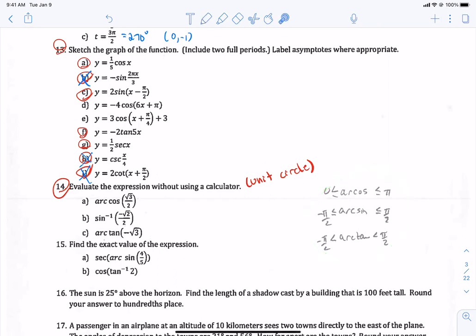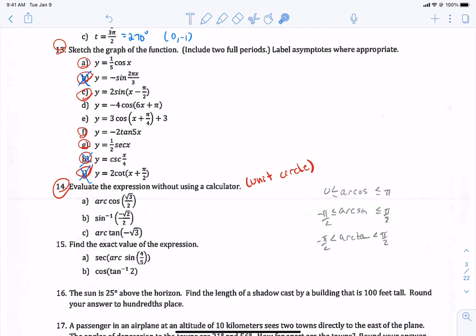That just tells me I only have to look for answers for a cosine between 0 and pi, a sine between negative pi over 2 and positive pi over 2, and a tangent between negative pi over 2 and positive pi over 2. The secant works on these rules. The cosecant works on those. And then cotangent, since it's cosine over sine, it works on those too.